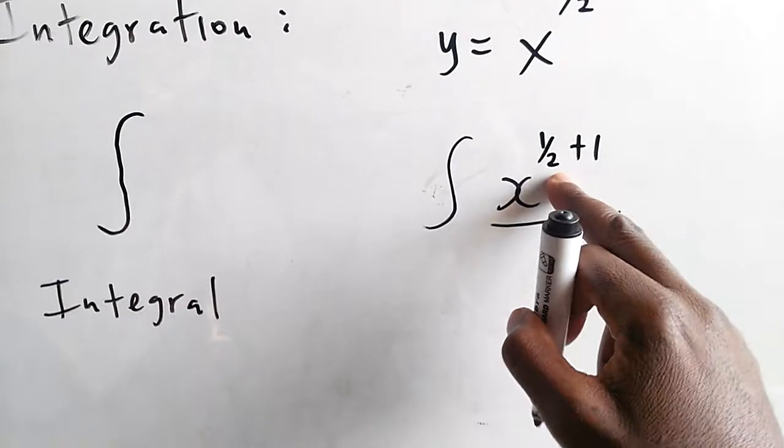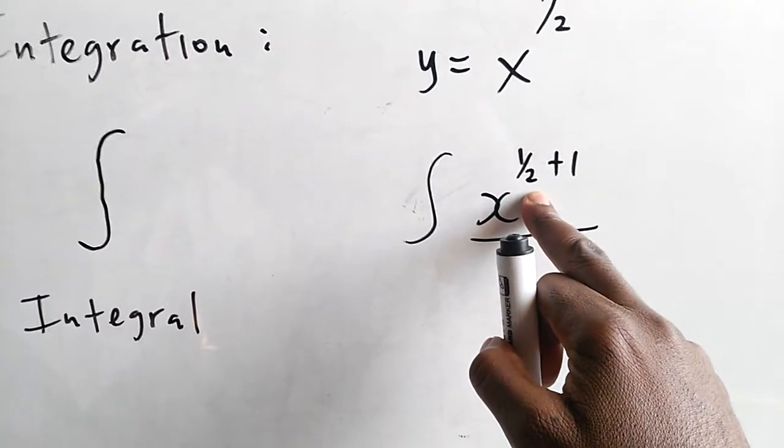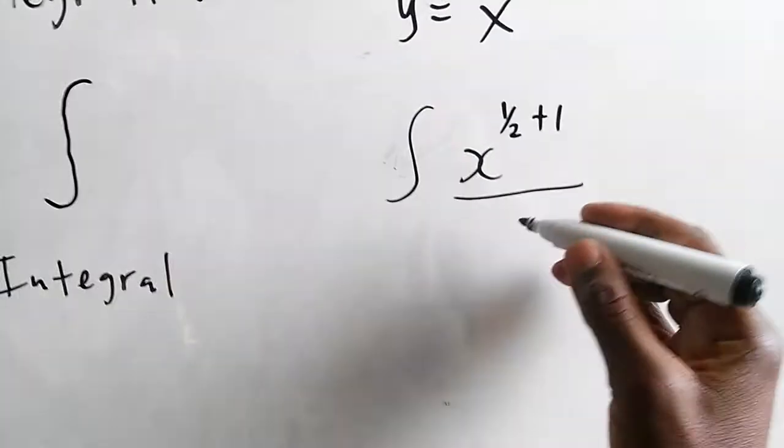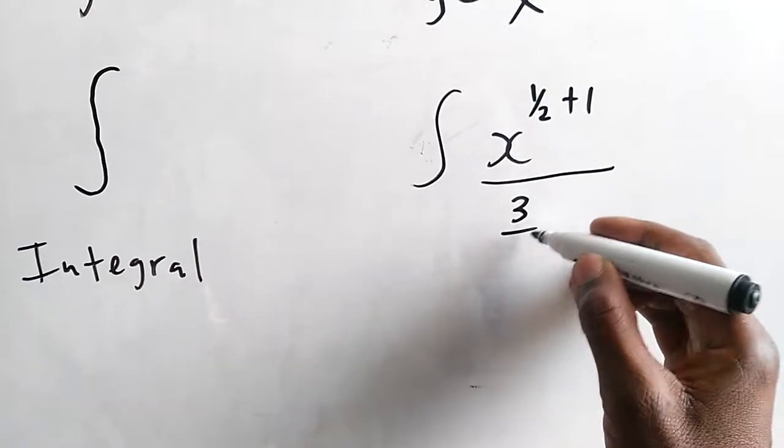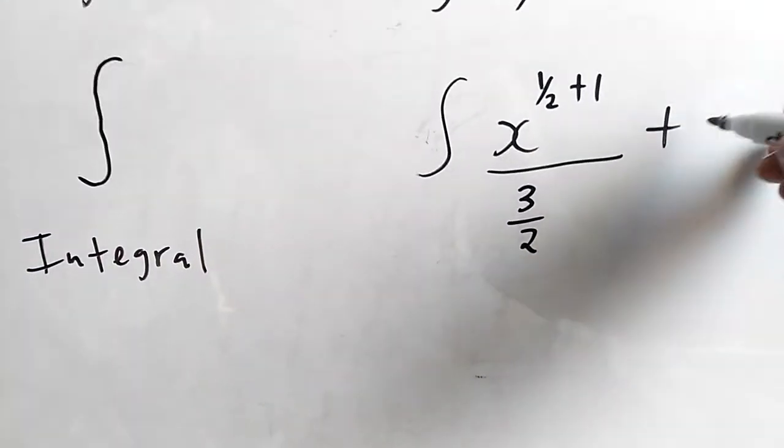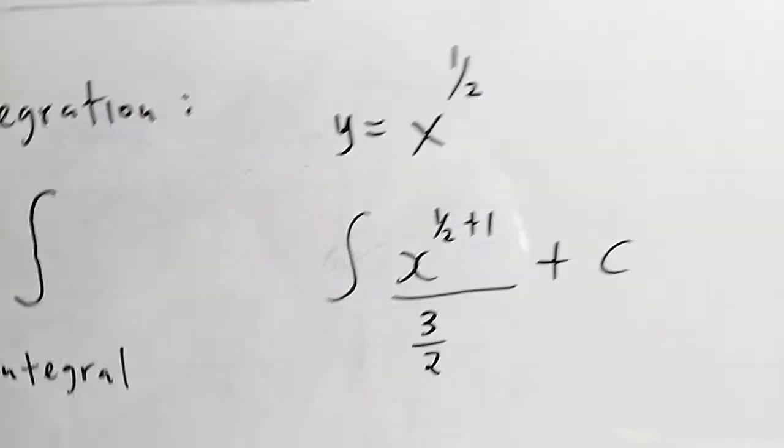You've seen here is 1.5, meaning 3 over 2. I'll drop the same 3 over 2. And then I'll add a constant. That's all. That's the result.